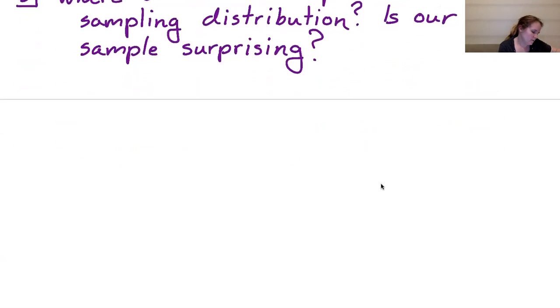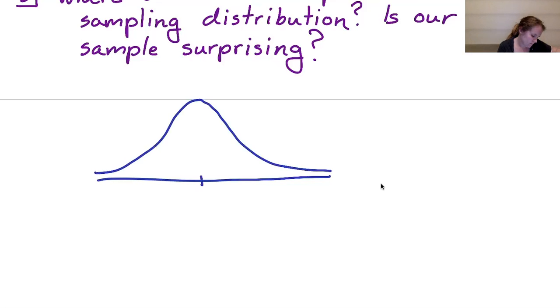So if we draw our picture, we have a normal distribution. 8 is in the middle. Our sample was 7.5. Our null hypothesis was that the mean was less than 8. So since the symbol is less than, we are looking to the left. So we are looking at the region to the left of 7.5.